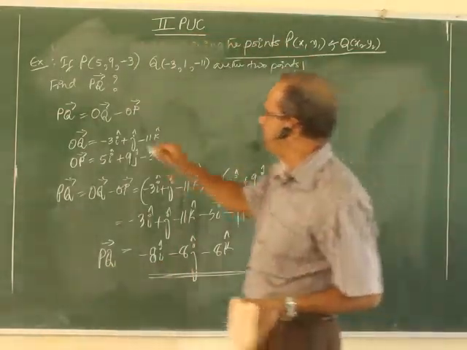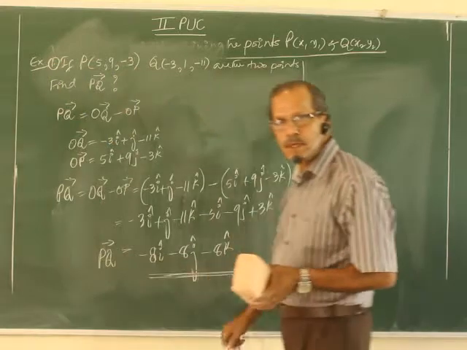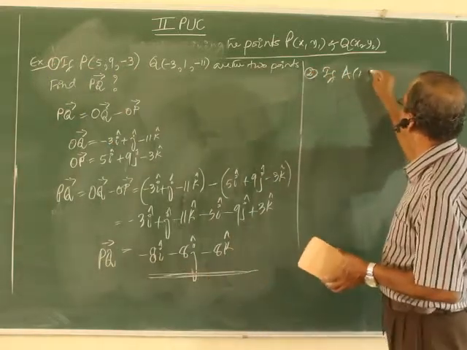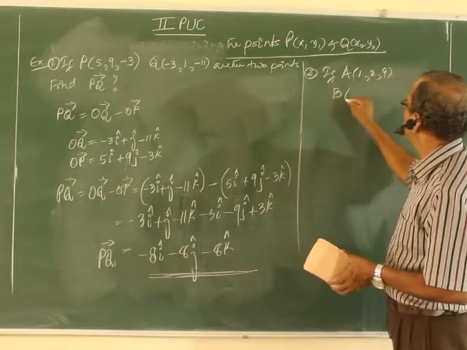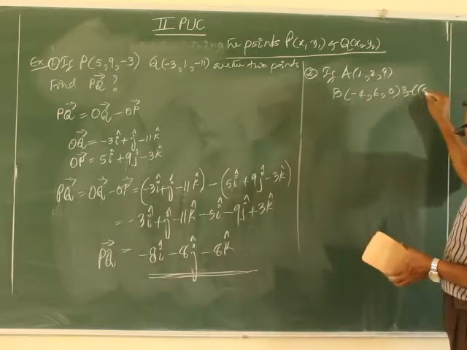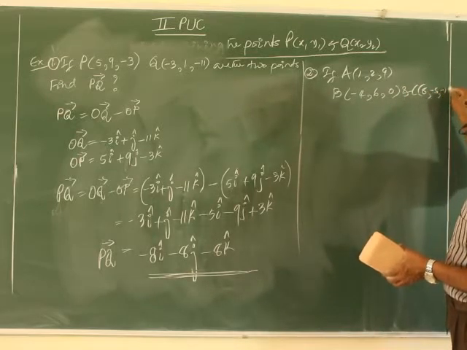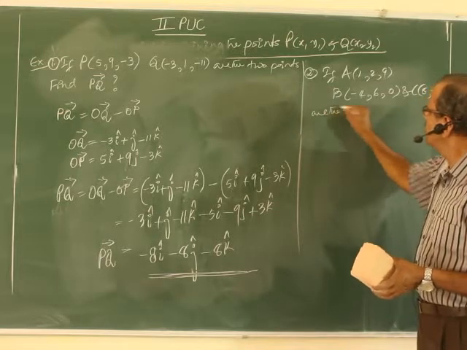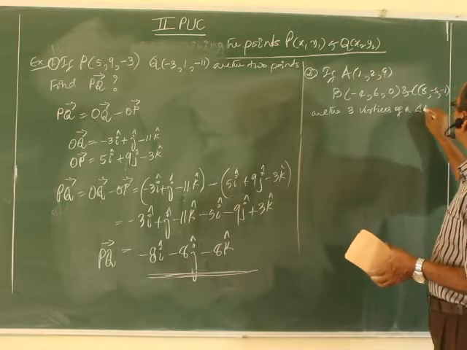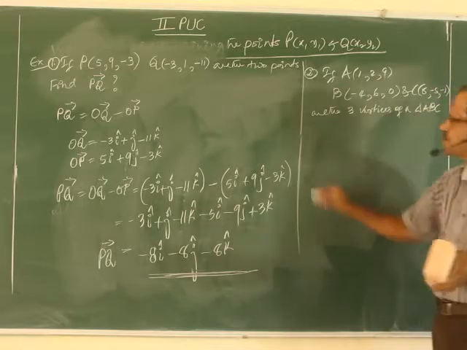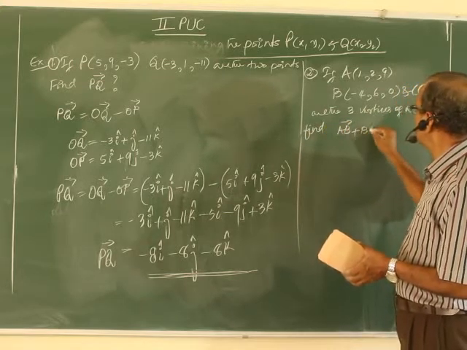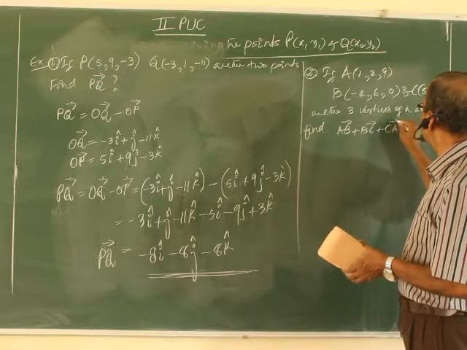Let me have one more example. Second one: if A(1, 2, 9), B(-4, 6, 0) and C(8, -5, -1) are the three vertices of a triangle ABC, find AB plus BC plus CA.